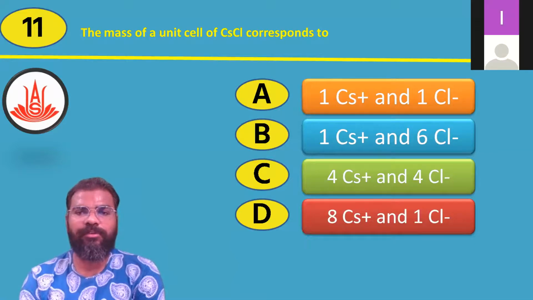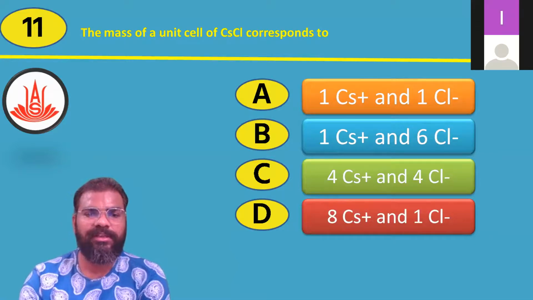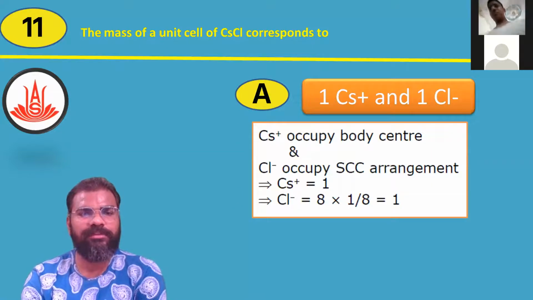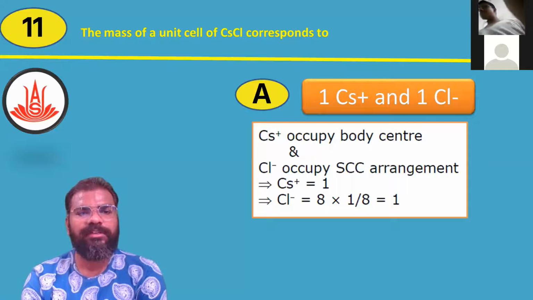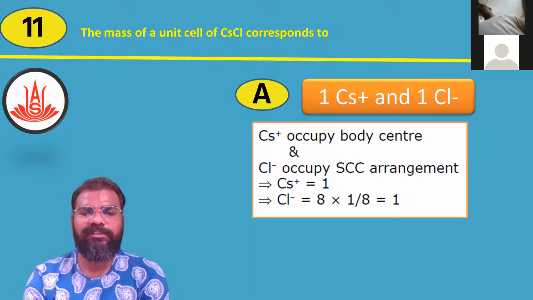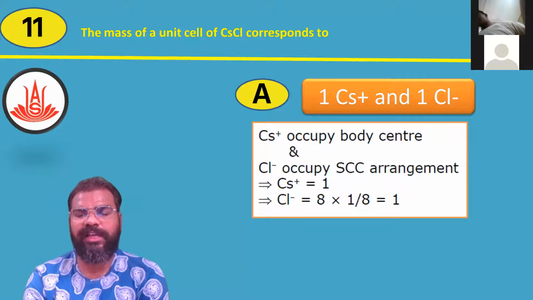There are four options they have mentioned. Let us go for it. The option is both in 1 and 1. The mass of unit cell CsCl corresponds to cesium ion being 1 and chloride ion also being 1 in number.